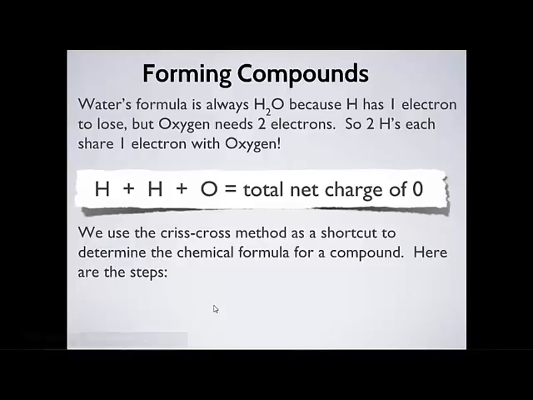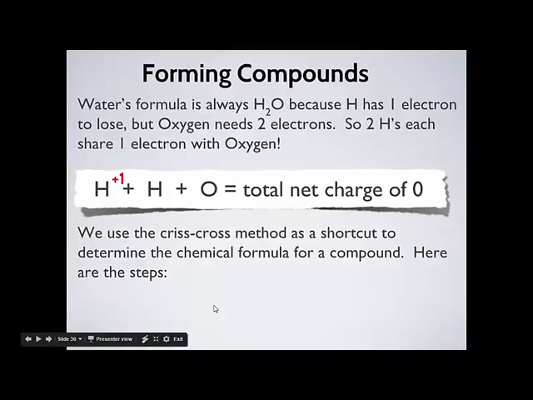The way you can do this simply is called the crisscross method. If you remember, the oxidation number for hydrogen is +1. Each hydrogen is +1. The oxygen is -2. And when those all bond together, they equal out to a net charge of 0.